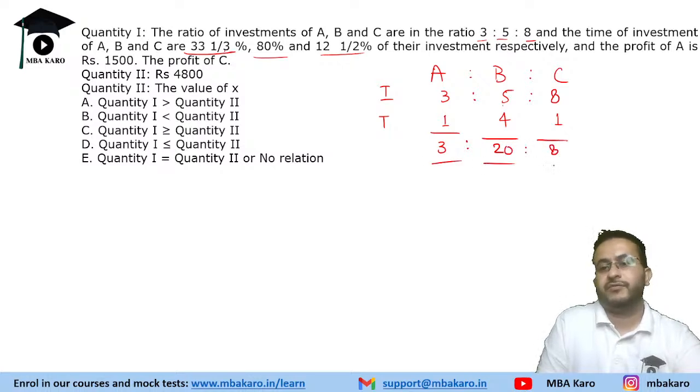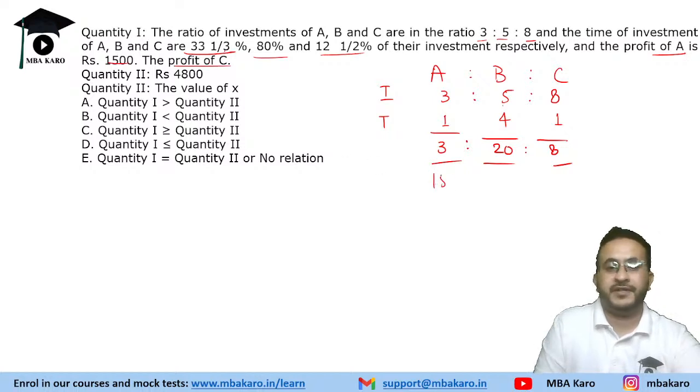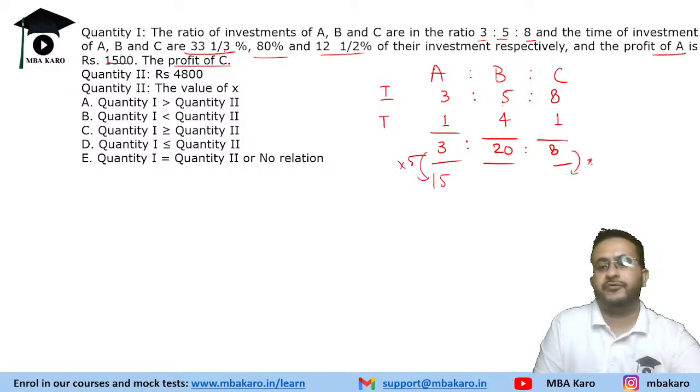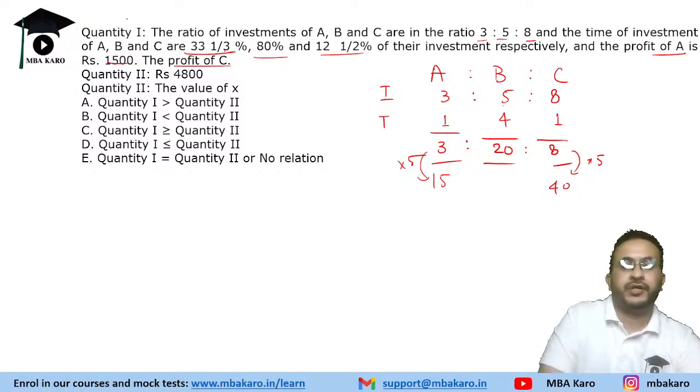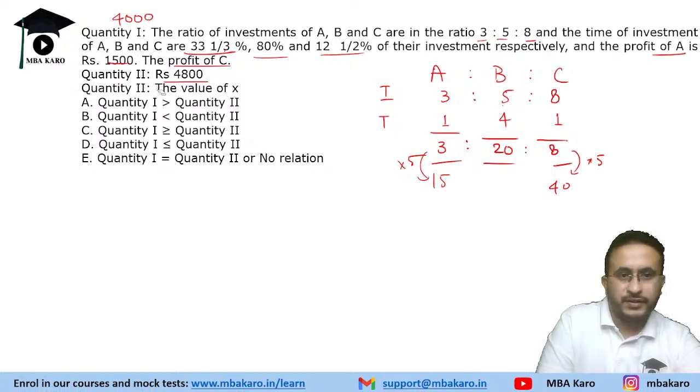Right? What are we given? We are given the profit of A is 1500. We need to find the profit of C. So A का 1500 है. That means 5 times. So C का profit कितना हो जाएगा? Into 5, that is 4000. So quantity 1 is 4000 and quantity 2 is already given as 4800.